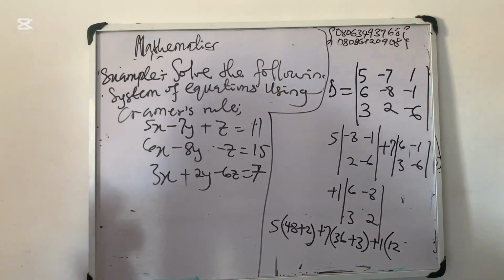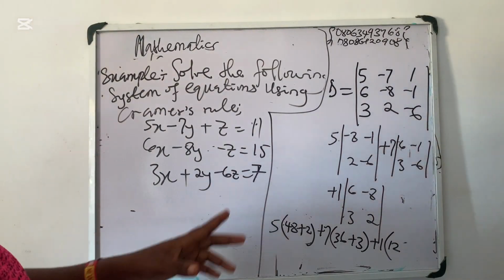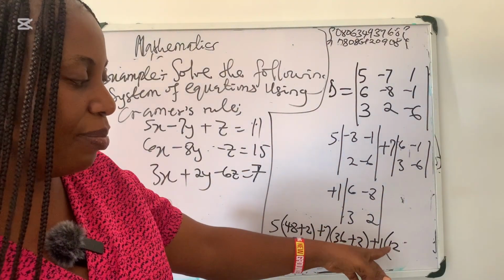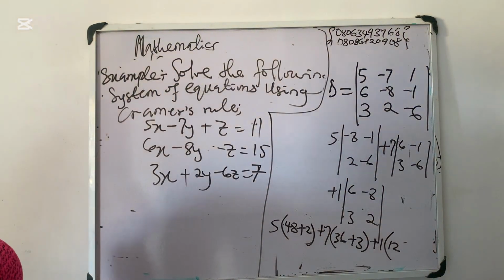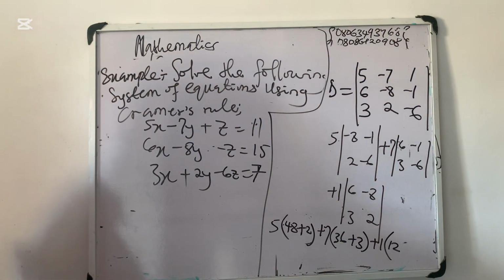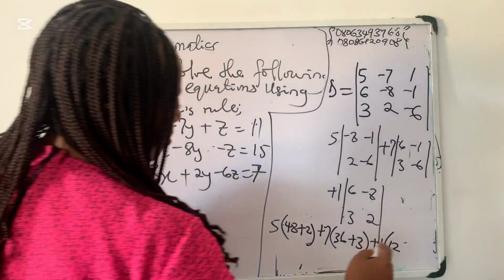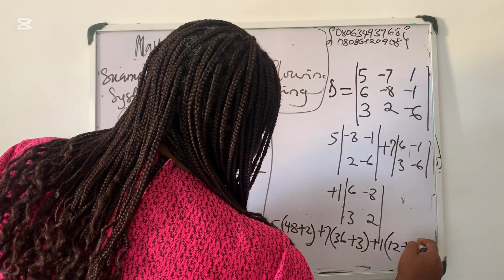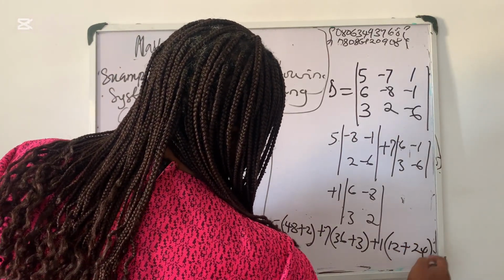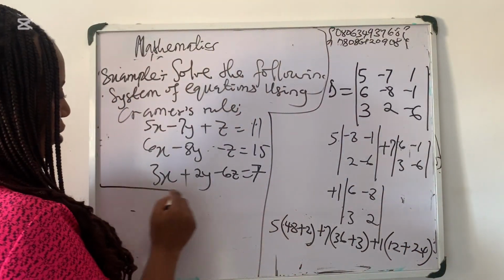Minus 8 times 3 is minus 24. Remember, there's an already existing minus there. Therefore, minus times minus is plus. Here becomes plus 24.